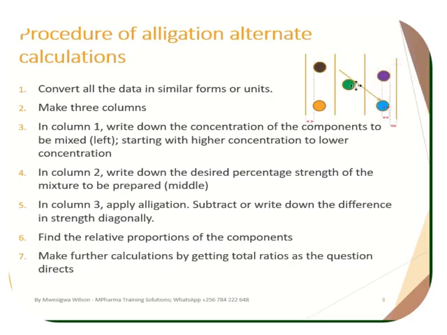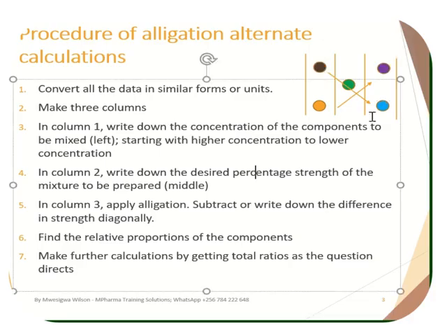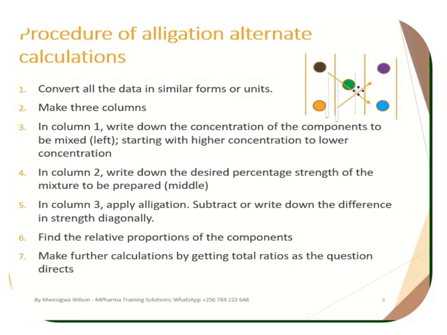So we can use arrows, which I didn't want to put at first, and show you how they come about. So now this purple proportion is for this one, and this blue proportion is for this product. So that's the alligation alternate.